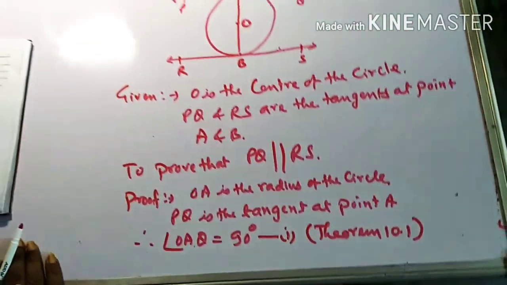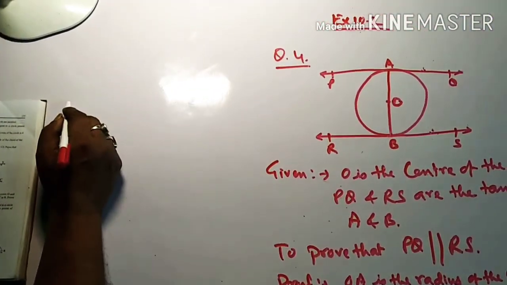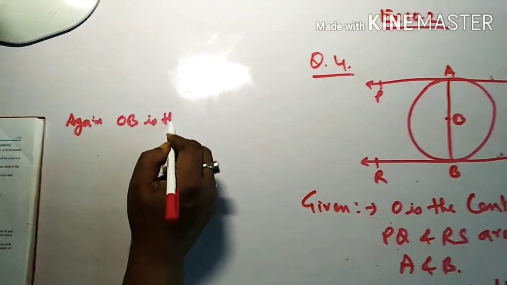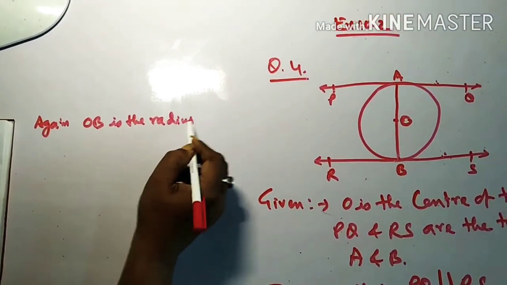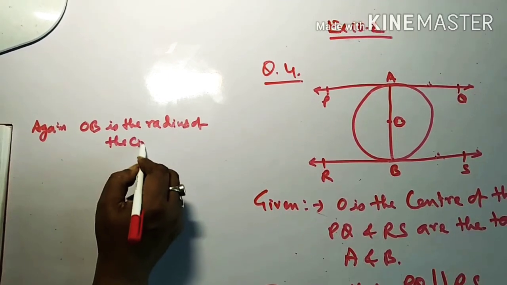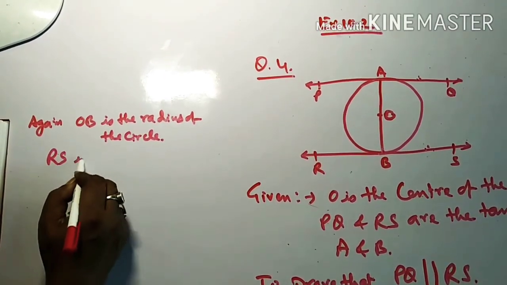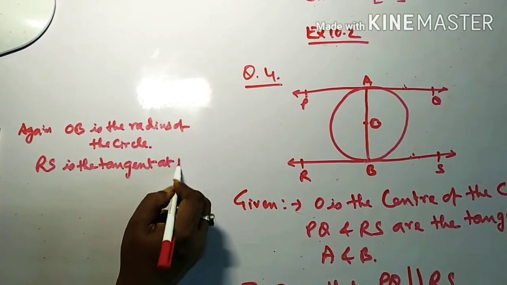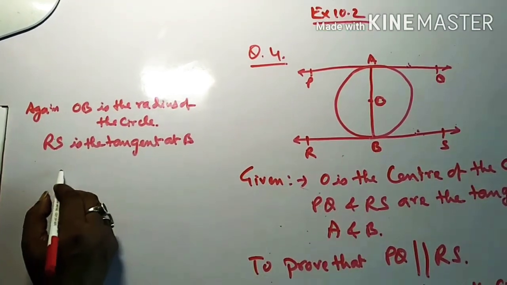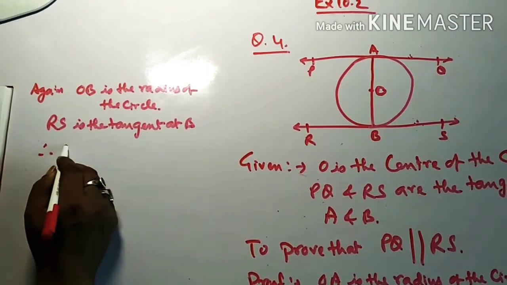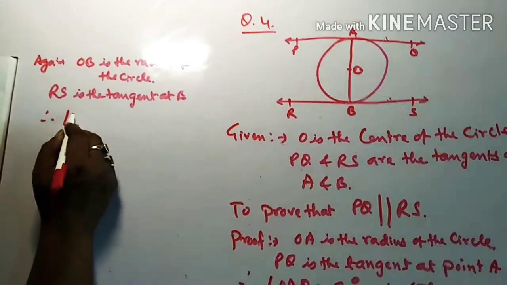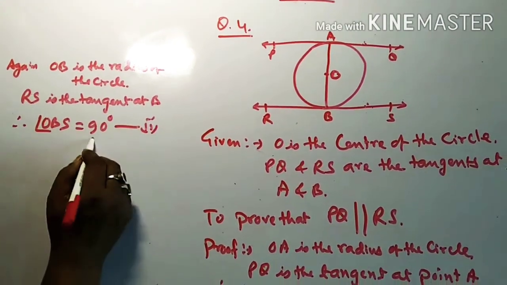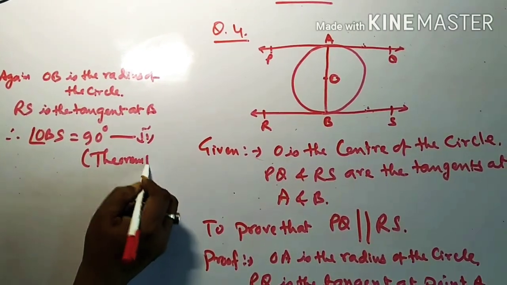Now similarly, again OB is the radius of the circle, RS is the tangent at B. Therefore angle OBS is equal to 90 degree by theorem 10.1.